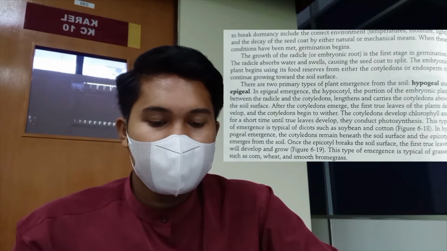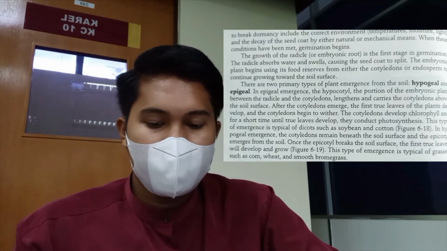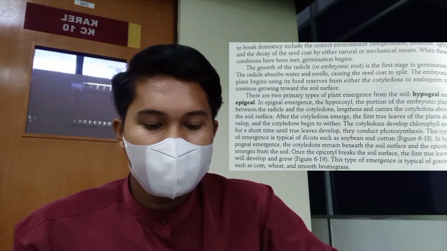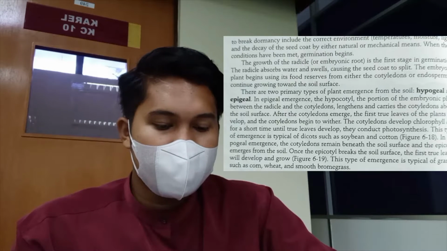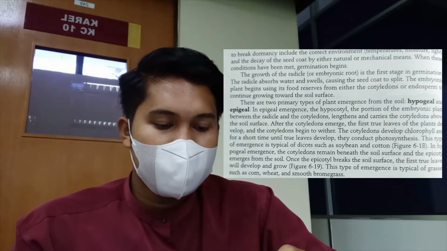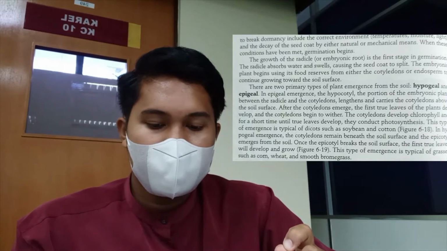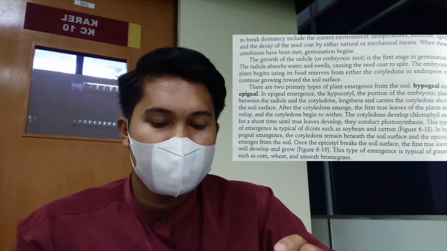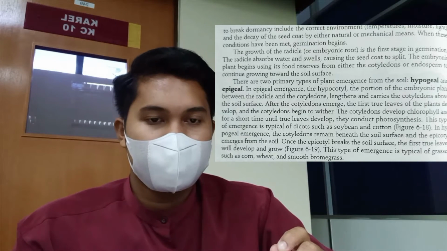After the cotyledons emerge, the first true leaf of the plant develops and the cotyledons begin to wither. The cotyledons develop chlorophyll for a short time until the true leaf develops, and they conduct photosynthesis. This type of emergence is typical of dicots, such as soybean and cotton.